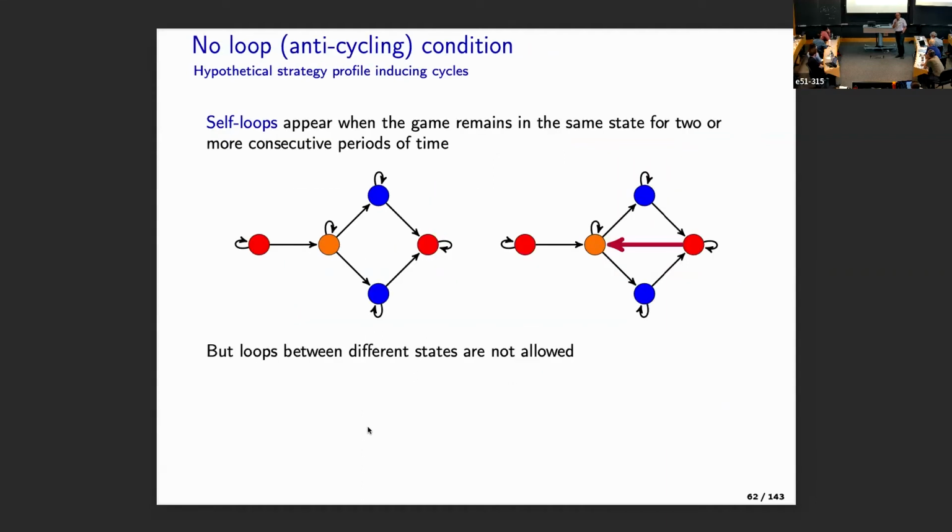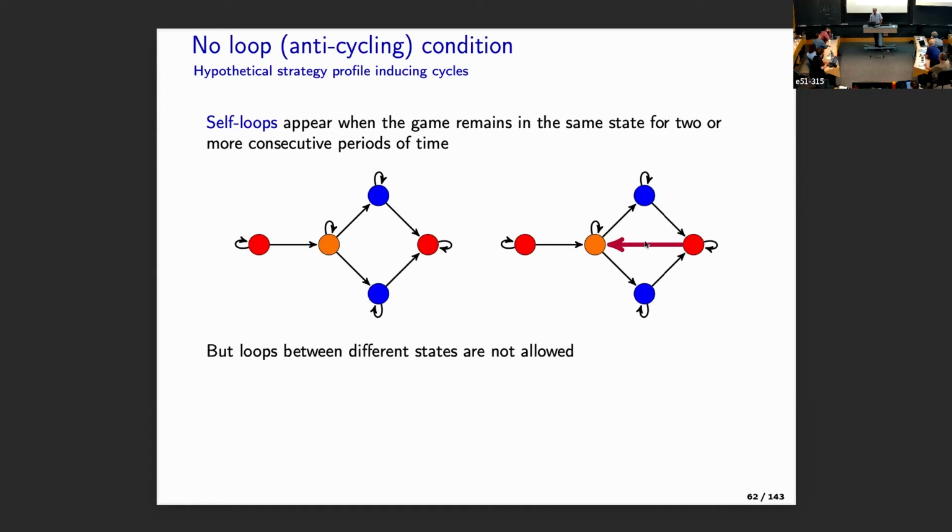So there are two conditions that we impose on these strategy-specific partial orders in order for a finite state stochastic game to be directional. Well, we do allow for self-loops, right? These little self-loops correspond to the problem staying in the same point for several time periods. But we cannot allow loops which create a cycle through several points in the state space, shown over here.